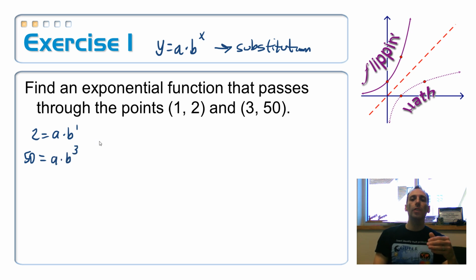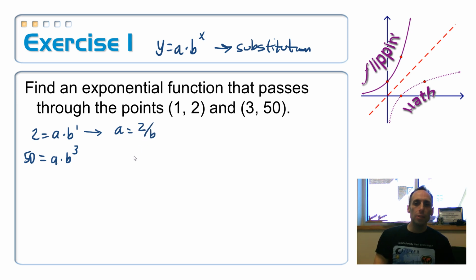Since we're solving this by substitution, what this means is that you solve for one of the variables, take that expression, and put it into the other equation. You always want to choose the simpler one, so that's going to be the first one here. Solve it for a. So a is going to be equal to, just divide by b, 2 divided by b.